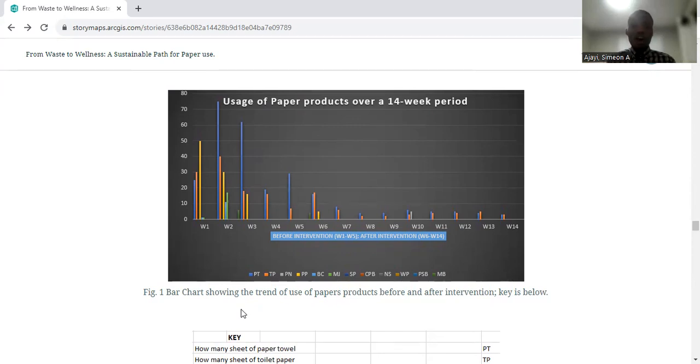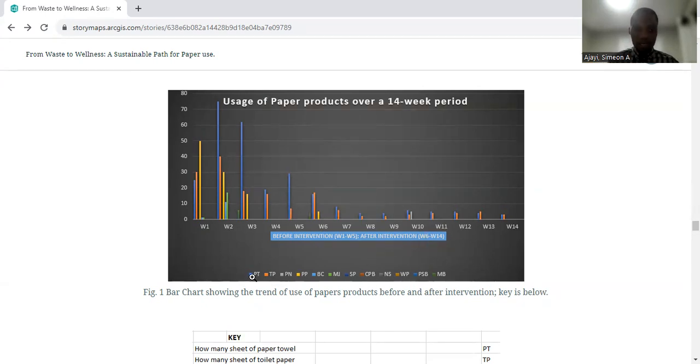It's cumbersome, I know, but it shows the trend. The horizontal axis shows the weeks, week 1 through to 14. For clarification, before intervention is week 1 to week 5, and after intervention is week 6 to week 14.